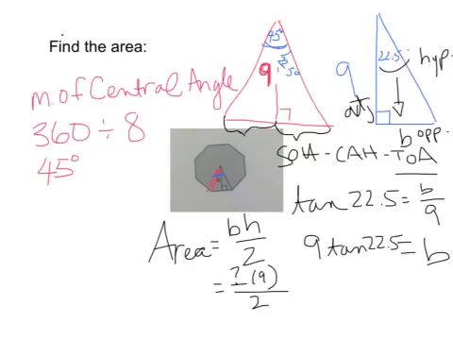So I know, because there's two of them, that my whole base from here to here is actually going to be 2 times 9 tangent of 22.5, which is 18 tangent of 22.5. So that's the whole base of this triangle.